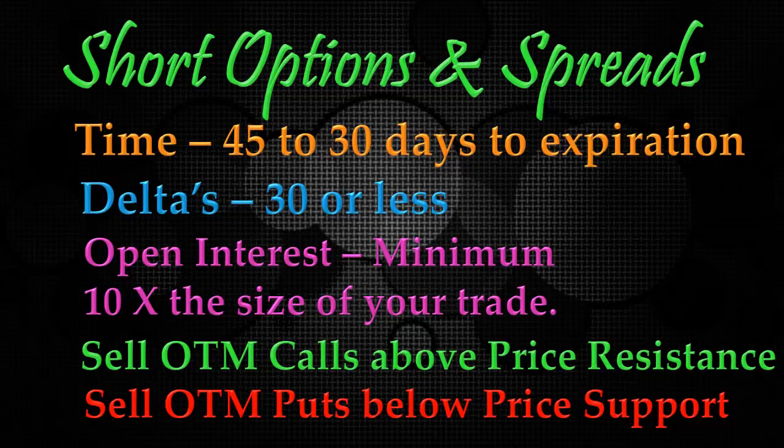That's where we're going to get that out of the money call, about 30 deltas or less. And when we sell out of the money puts, we're looking to sell those below price support. Okay? So some very simple basic rules to follow. And are these all the rules there is to trading options? No, there's not. But what I wanted to give you is just some of the basics for those rules.